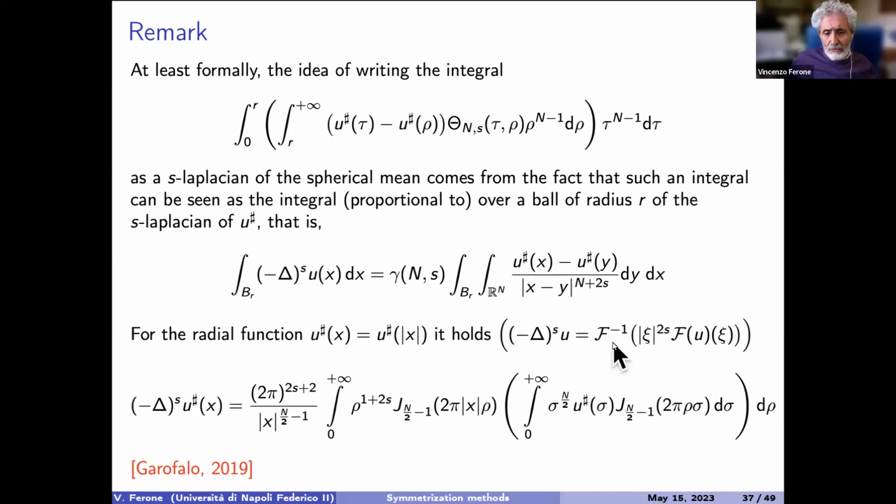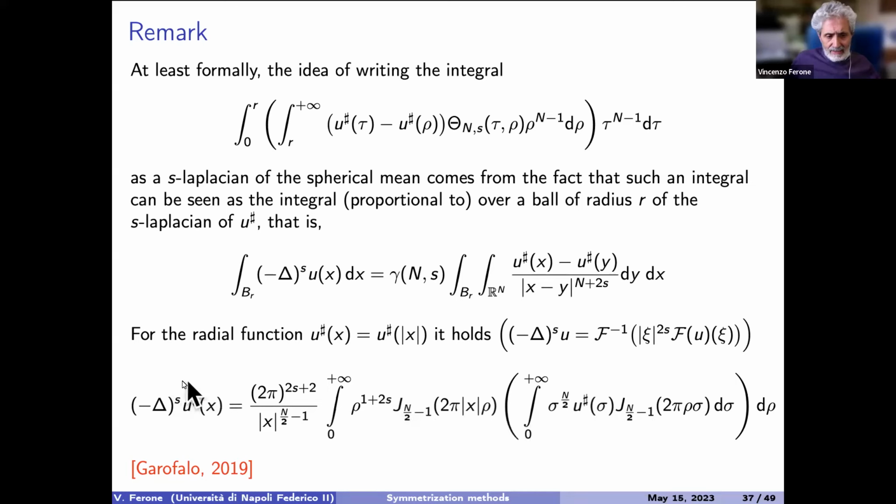So if one uses, formally, the representation via Fourier transform of the S Laplacian, the S Laplacian of U sharp, in a formula contained in a paper by Garofalo, can be written as a double integral involving U sharp, obviously, but also the Bessel functions J of n over 2 minus 1.